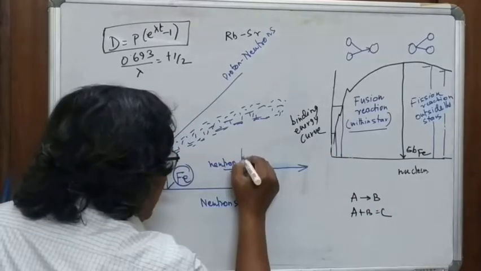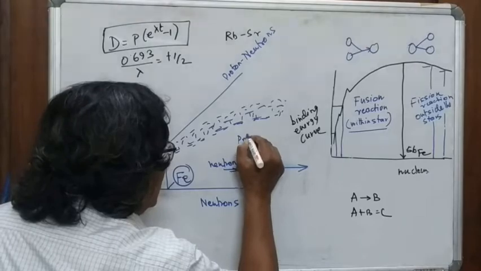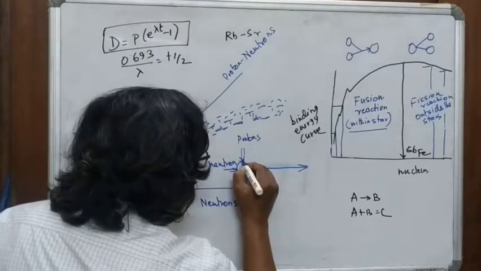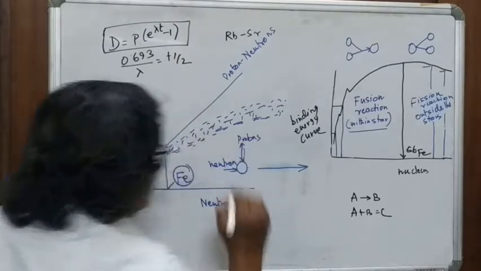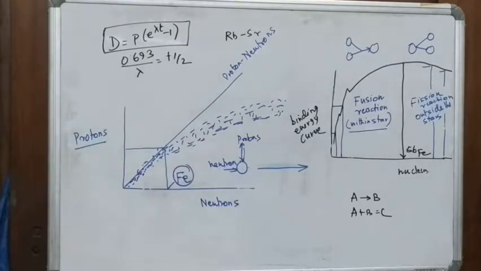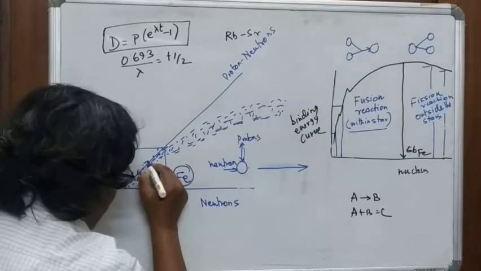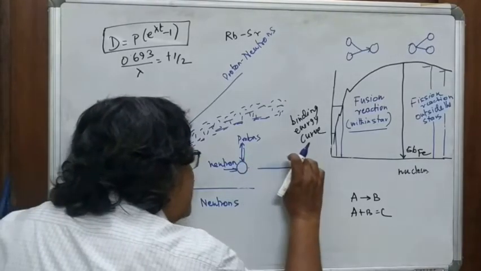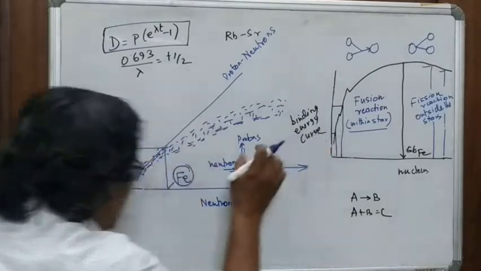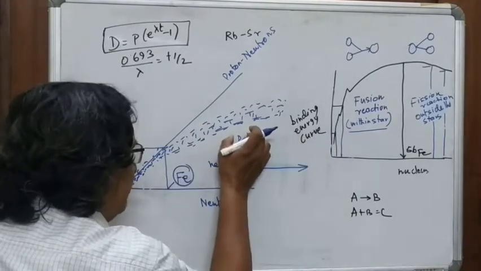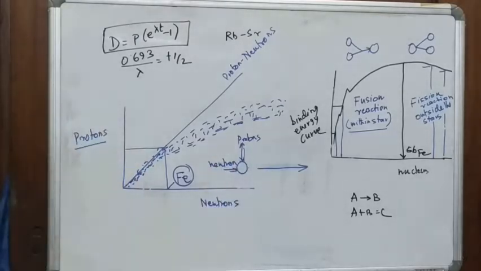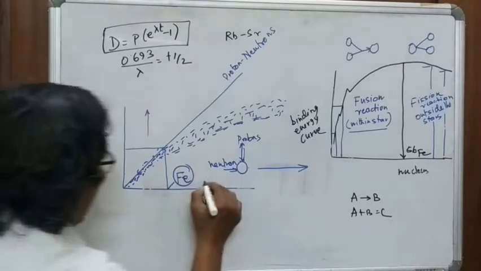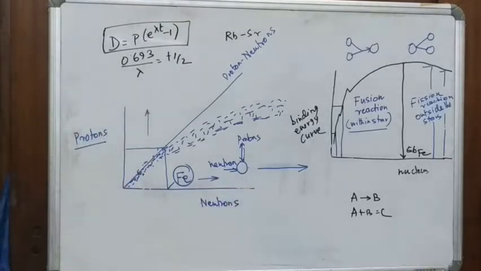Whereas if they are bombarded by protons, then of course the number of protons increases this way. Have you understood? So if you have a heavier nuclide here and it is bombarded by neutrons, the nuclide becomes neutron rich. If it is bombarded by protons, it becomes proton rich. So the proton rich nuclides should be here and the neutron rich nuclides on this side.